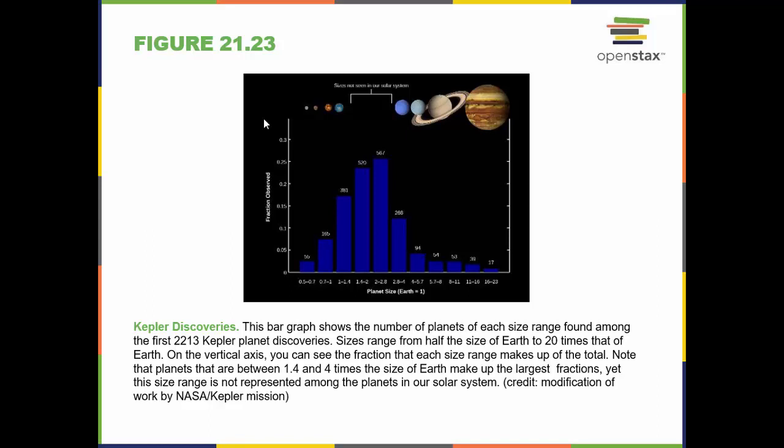And on the vertical axis, you can see the fraction that each size range makes up of the total. And note that the planets between 1.4 and 4 times the size of the Earth make up the largest fraction. And note that this size range is not represented among the planets in our solar system.